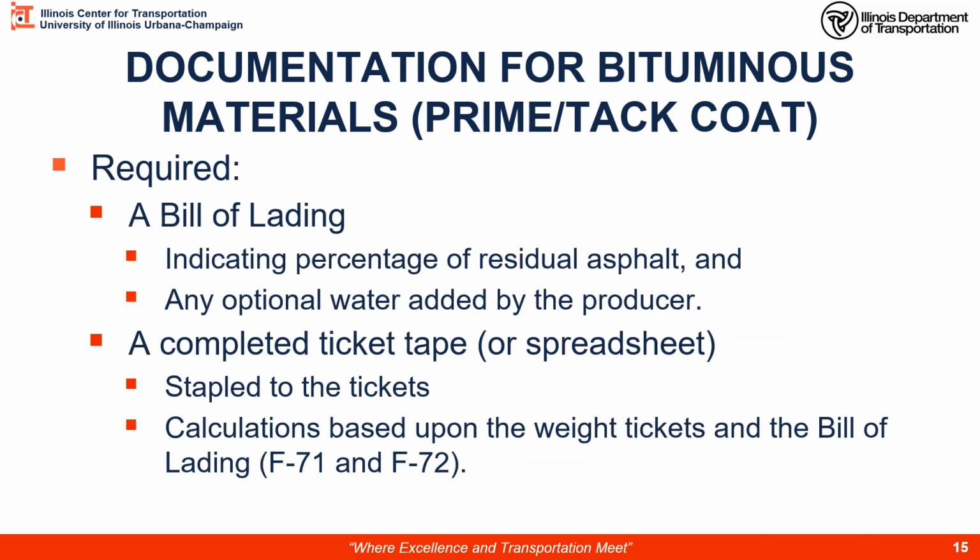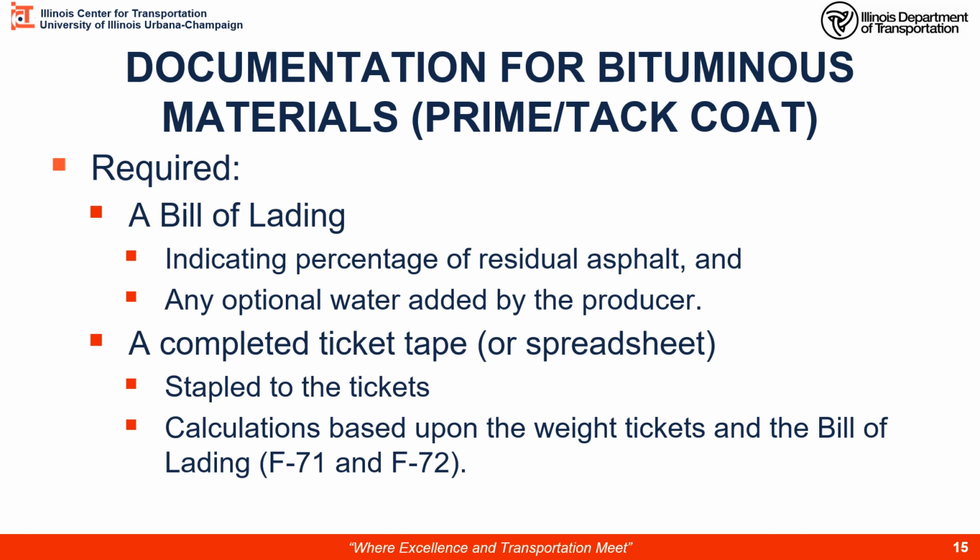In addition to your weight tickets, you should have some information being provided on the material in the form of a bill of lading. This will indicate the percentage of residual asphalt and any additional water that have been added at the terminal. So this is very important information. It's needed to do the calculations for residual asphalt.